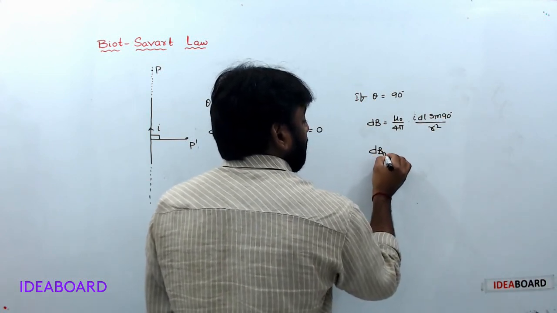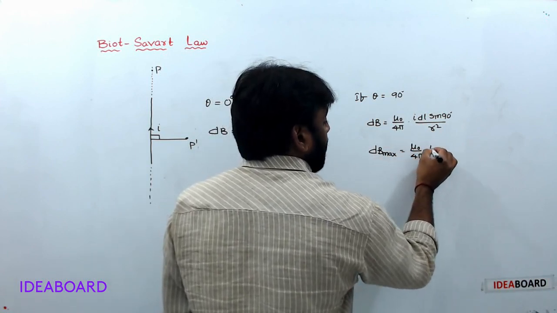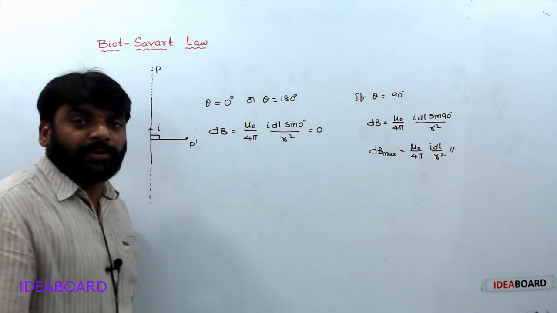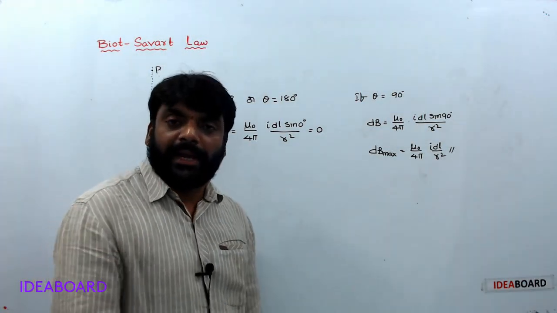That is the maximum field intensity, mu naught by 4 pi, I dl by r square.